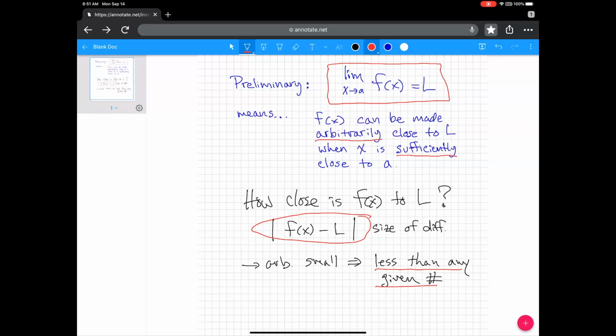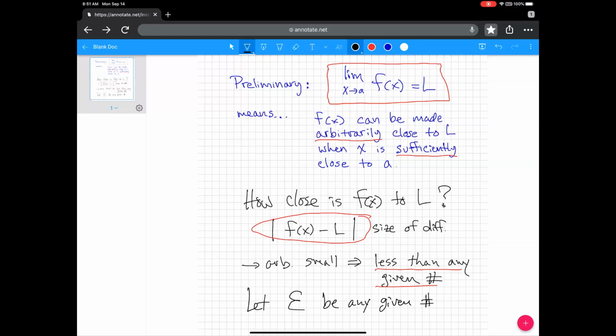Any given number. So what we're going to do is say let, and I'm going to use this big sort of E-looking thing called epsilon, it's a Greek letter, let epsilon be any given number. So saying that f of x can be made arbitrarily close to L is the same as saying that the absolute value of f of x minus L is less than any given epsilon.